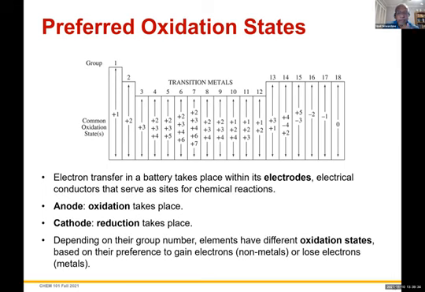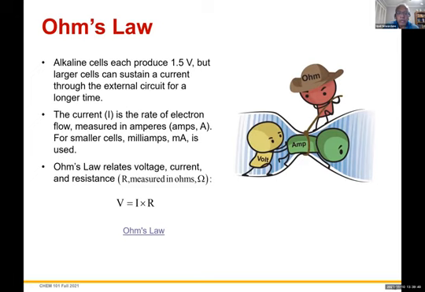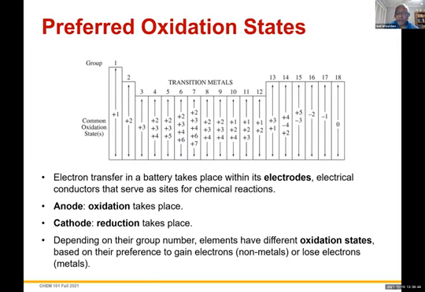Depending on their group, elements have different oxidation states. For example, zinc has only one oxidation state. If you check, zinc is in group 12.